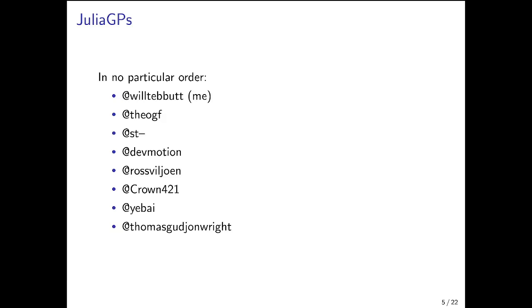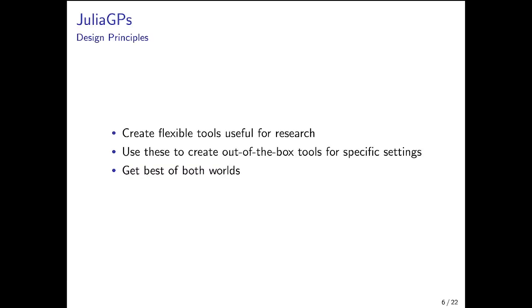So actually I'll just say, in no particular order, there's me, my GitHub handle at the top, and then various other contributors, all of whom are fantastic and are just great to work with, so I'd like to thank them all. It's been a really enjoyable experience building this organisation with all of them.